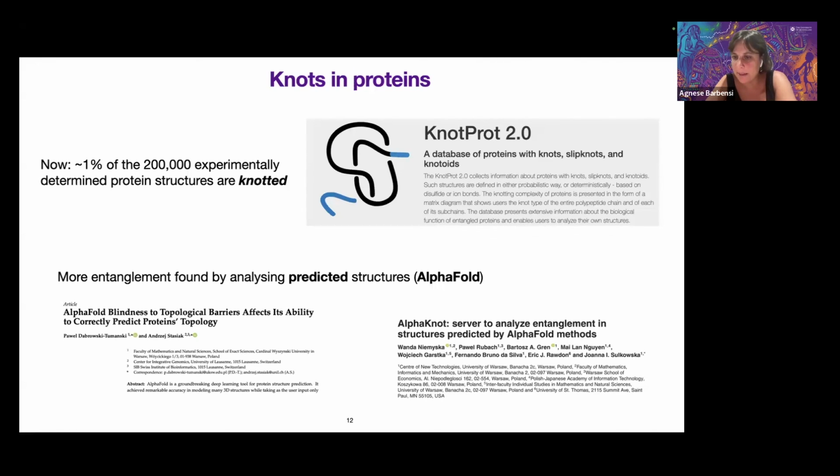And the other paper is by the Surkovskaya group, and they created this replica of the KnotProt database called AlphaKnot, in which they analyze AlphaFold predictions instead of PDB structures, and they do the same thing, right? They take the knotted ones and they classify the entanglement, I think in the same way as they did in KnotProt, but at a much, much larger scale.